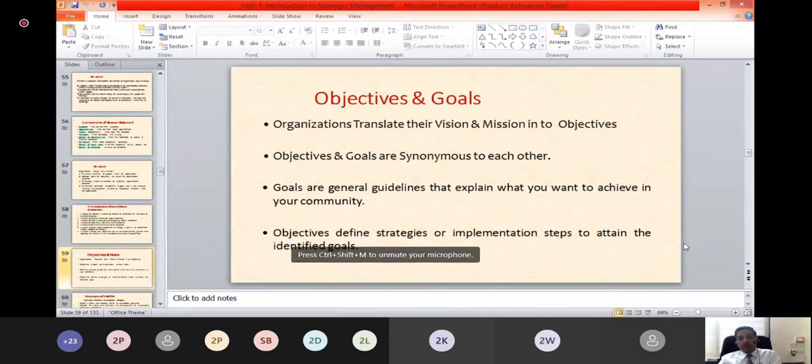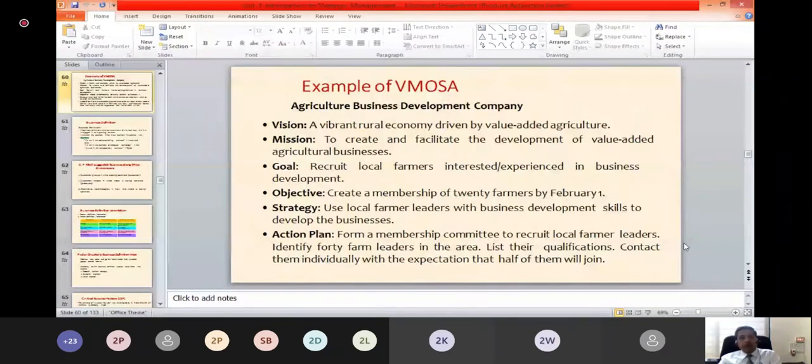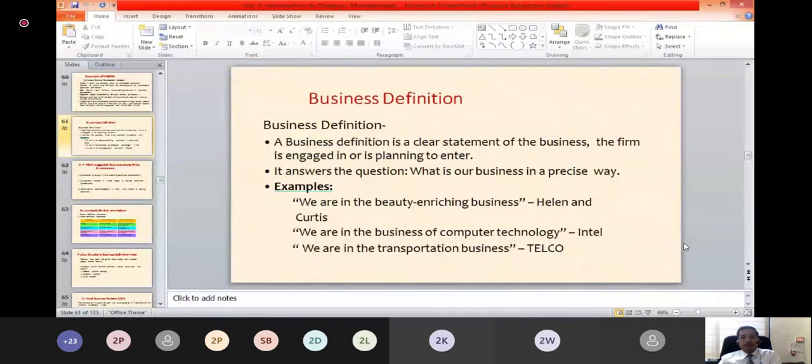So they will define the strategies and implementation steps so as to achieve the identified goals. All this we discussed through an example of an agricultural business development company. We discussed what is VMOSA, that is the vision, mission, goals, objectives, and action plan, how it is being developed.